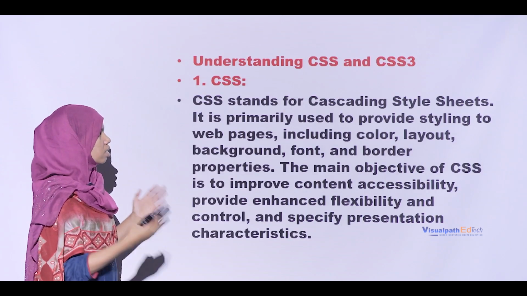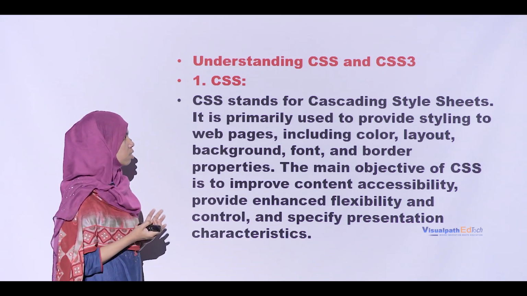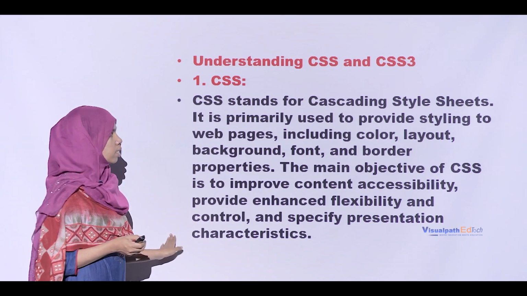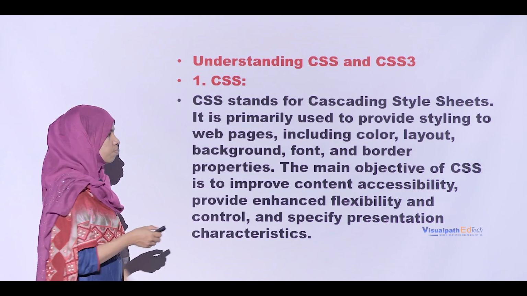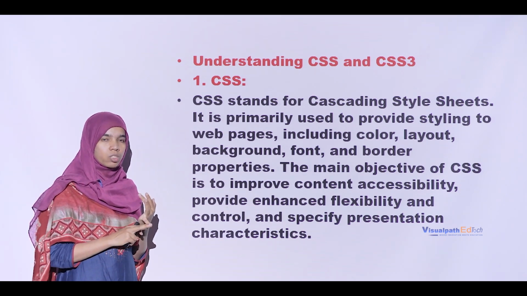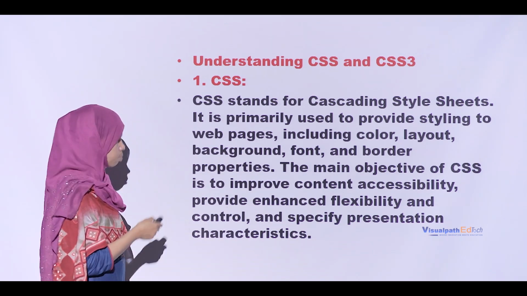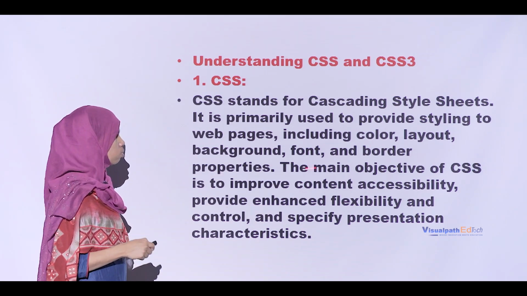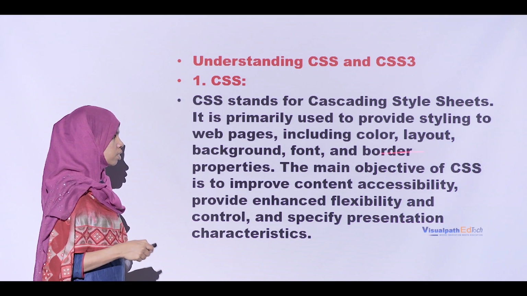Now, understanding the differences between CSS and CSS3. By now you might have got clarity on CSS. What is CSS? It's the cascading style sheets, the stylings that we apply upon the various HTML elements. It is primarily used to provide stylings on web pages, including color, layout, background, font, borders, and so on.